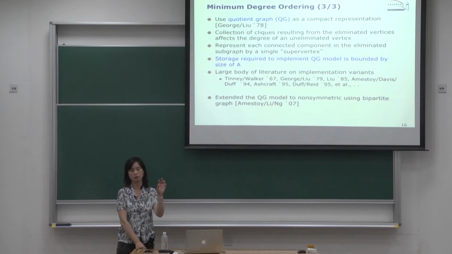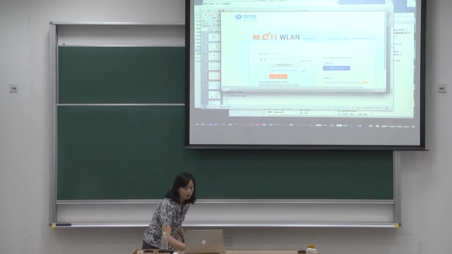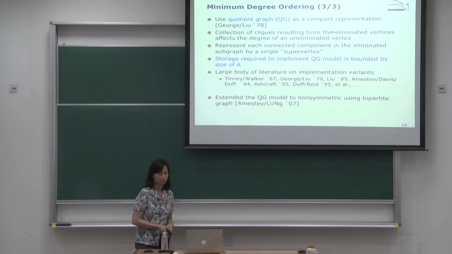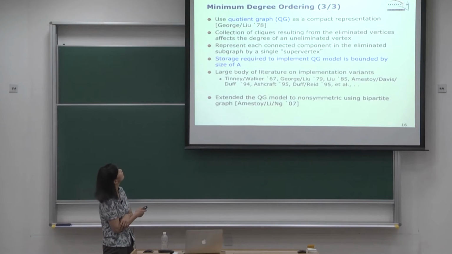You just need to record the 5 vertices, and as long as you mark these 5 vertices as a clique, implicitly you know you have all the edges connected among them. That's what this quotient graph does.